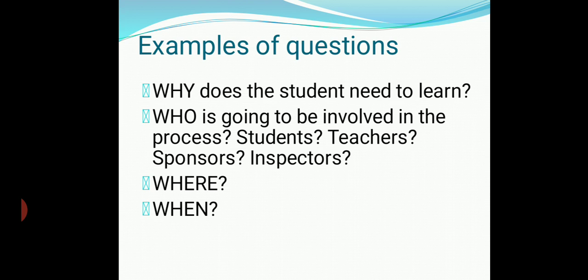In designing the course, we need to ask, who will be involved in the process of designing the course? Students only, teachers, sponsors, inspectors? And then we need also to ask about where and when the ESP course will take place. Okay, so those are the questions that we are going to focus on.